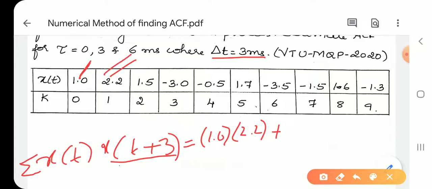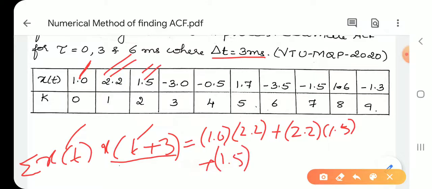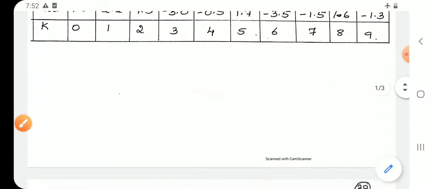Next I will take 2.2. X of t is 2.2, and x of t plus 3, after a time interval of 3 minutes, is 1.5. So it is 1.5, plus. Third is 1.5, and after a time interval of 3 minutes the next one is minus 3.0. Like this I have to take the product and add them all.